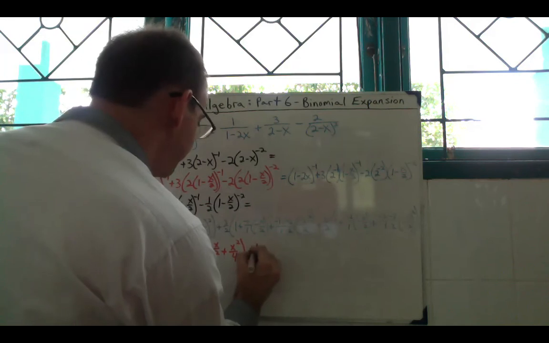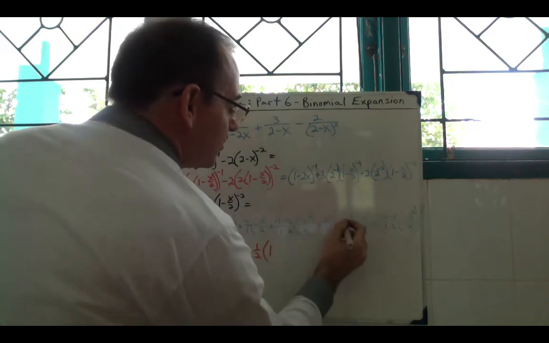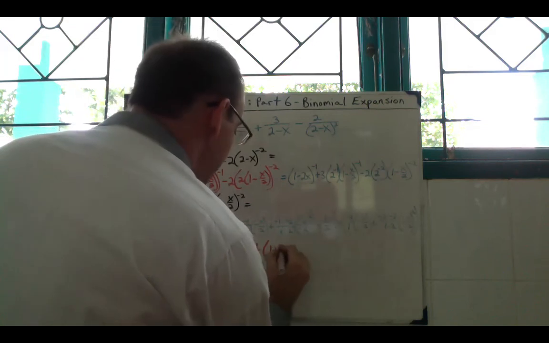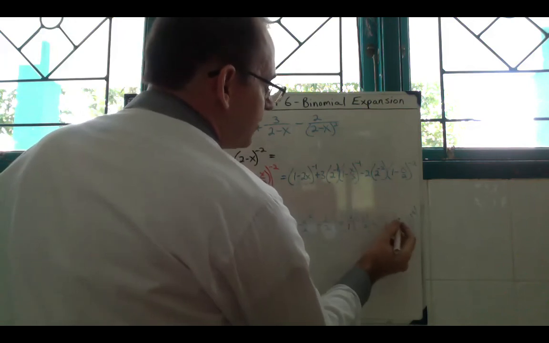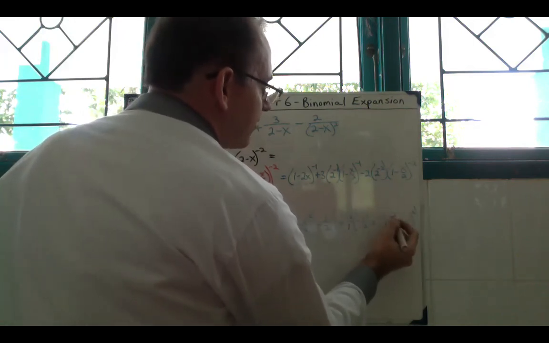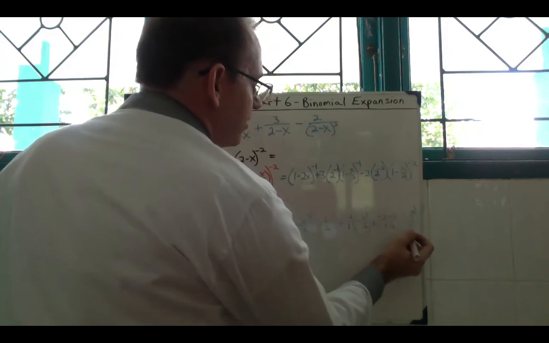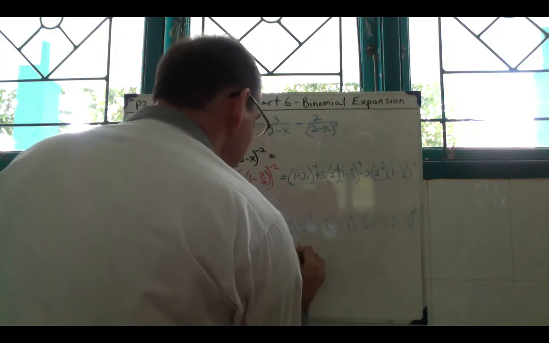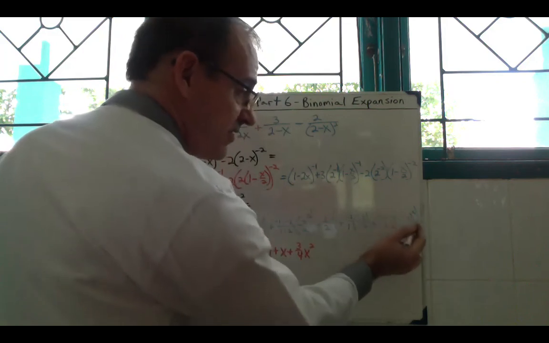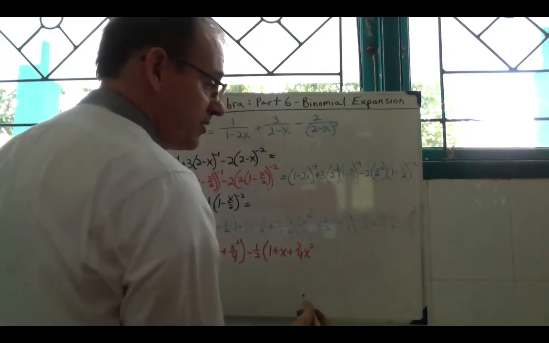Minus 1/2. 1, 2's cancel, negatives cancel, plus x. 2's cancel, negatives cancel. This negative cancels, so we have 3 over x squared to the 4th. So 3/4 x squared. There's a lot of numbers and signs, and don't forget the square goes to everything in the parenthesis.